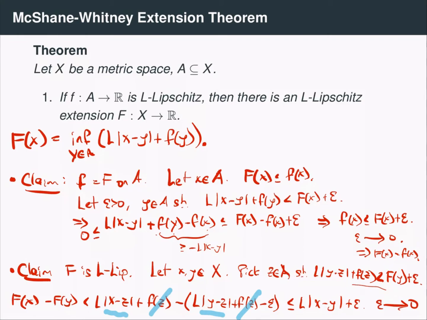And then we get that f of x minus f of y is at most L of x minus y. And then if we reverse the roles of x and y, we get that the negative f of y minus f of x is at most this L times x minus y as well. And that implies the absolute value is at most this distance. And that proves Lipschitzness.